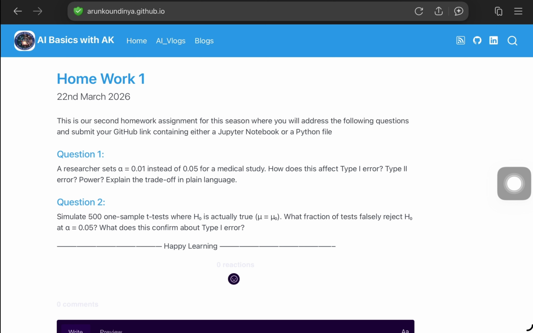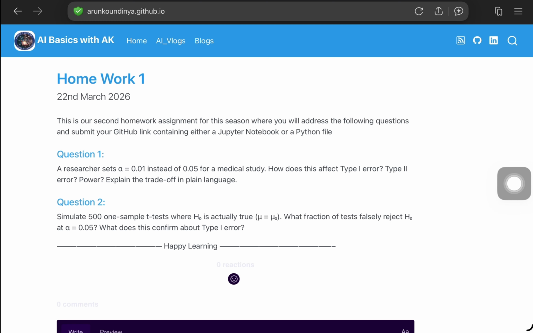Question 2 is more for your understanding. It's not required, but if you want to do it programmatically, it's a better thing. Simulate 5000 one sample t-tests where H0 is actually true. What fraction of tests falsely reject H0 at alpha 0.05? What does this confirm about type 1 error?